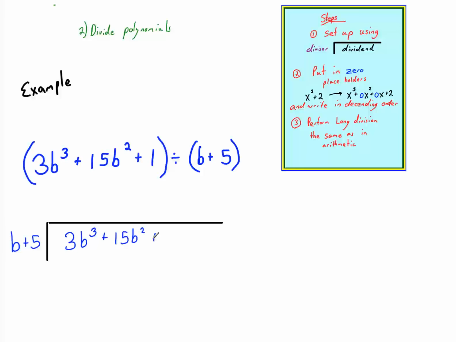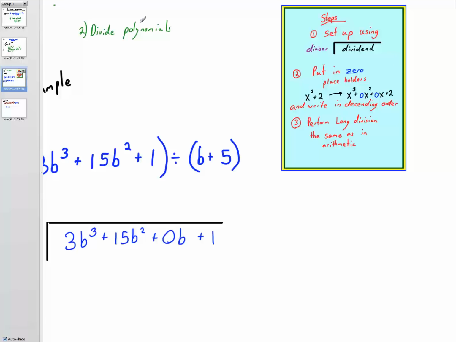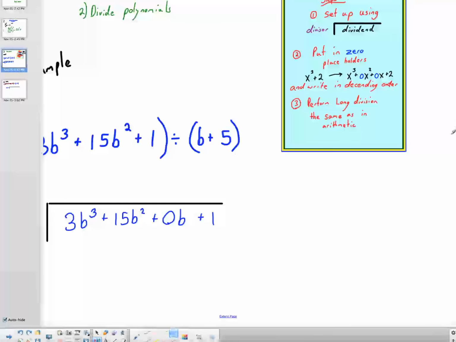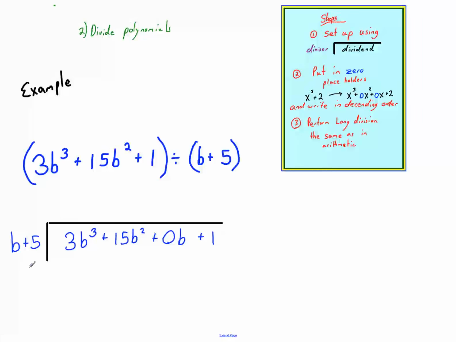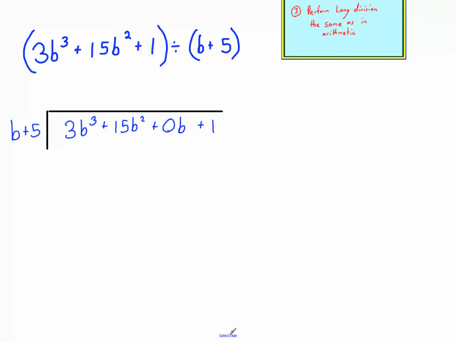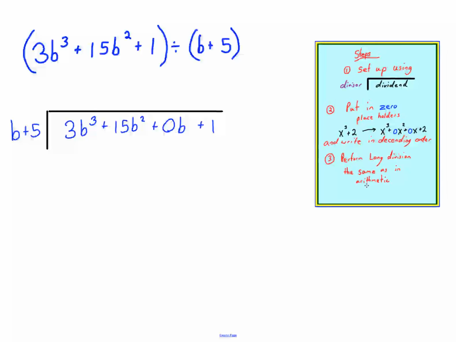Now I don't have a b there, so I'm going to put just 0b to the first power plus 1. Alright, so I have that. Now let's extend this page.